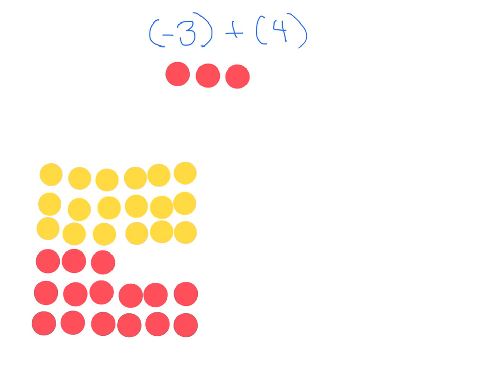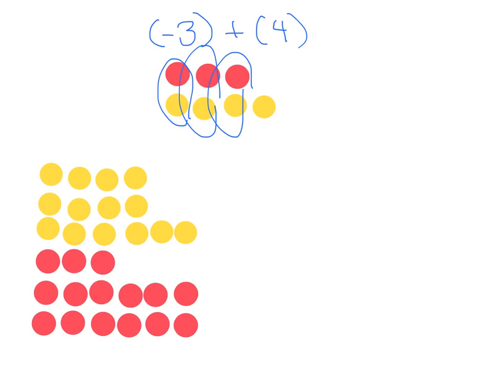So there's my first negative 3, and now I'm going to show positive 4. Now I'm going to see, do I have any zero pairs? There's 3 zero pairs, 1 left over, so my answer is positive 1.